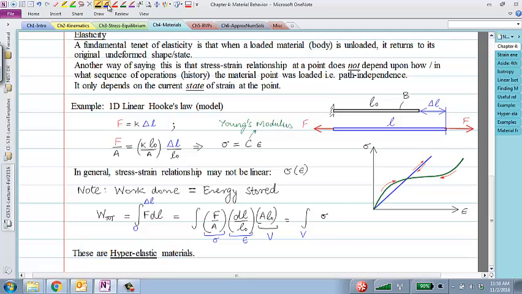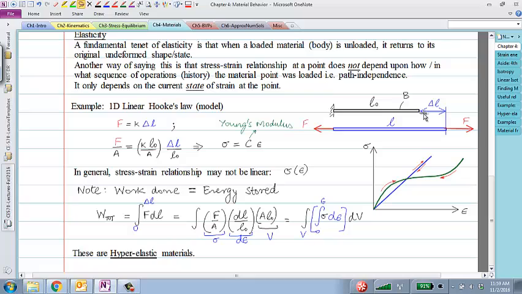And this here is actually d epsilon, so d epsilon integrated from 0 to epsilon, and dV. What we have inside the square blue brackets is a term that captures the energy stored at a particular point in the body. If you integrate that energy stored over the entire volume of the body, then you have the total energy stored.